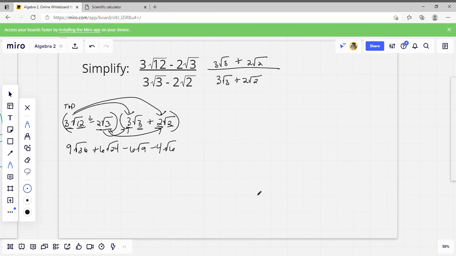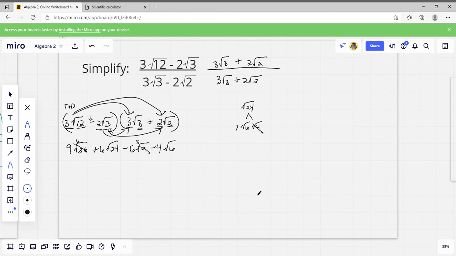Okay, so now we're going to pull out any squares out of this. So 6 times 6 is 36, so that'll be a 6. We need to multiply there. 24, that would be 3. Okay, and then the square root of 24 can be simplified. 3 times, let's see, 4 times 6 is 24.